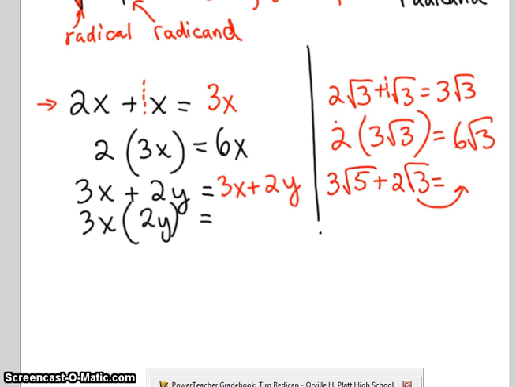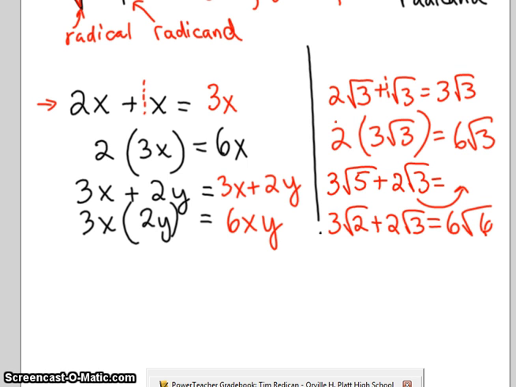Lastly, we have 3x times 2y. We can multiply them. That's going to be 6xy. Same thing, but a little different with a little twist here. If I have 3 rad 2 times 2 rad 3, then I have 6 rad 6. 3 times 2, and then radical 2 times radical 3 is radical 6.